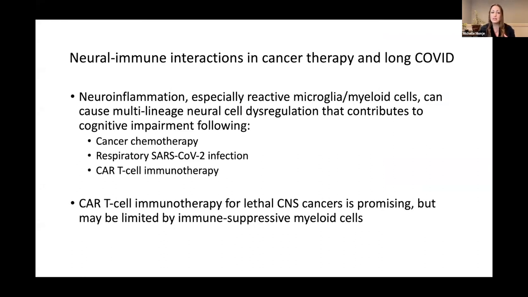And then I'm going to shift gears a little bit at the very end and discuss how CAR T-cell immunotherapy for lethal CNS cancers is enormously promising, but may be limited by some of the very same immune suppressive myeloid cells.